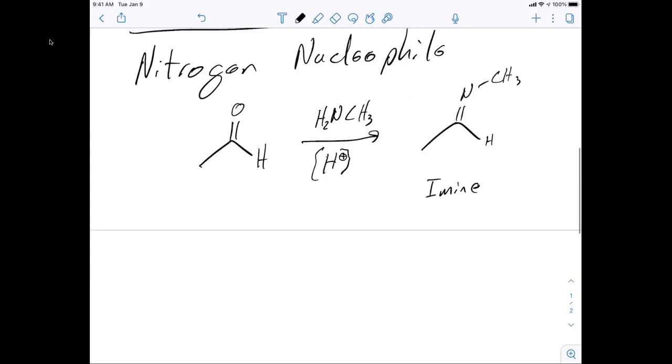All right. So what's happening here is very similar to what we saw with the alcohol, right? We get a nucleophilic attack, and then we're going to have a lot of proton transfers. So there is a lone pair on our nitrogen that's going to attack our electrophilic carbonyl.